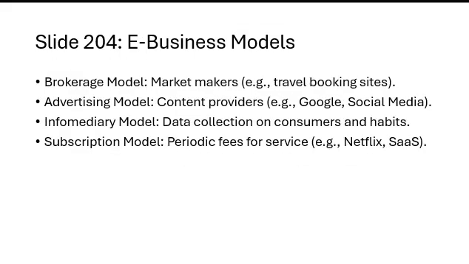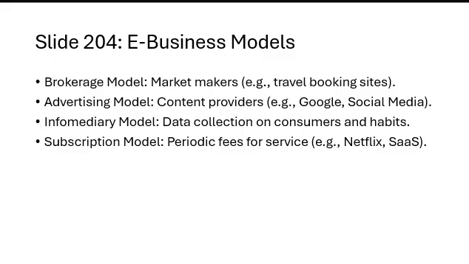And then we have the e-business model. First of all, we have the brokerage model that includes the market maker, like travel booking. The advertising model includes content providers like Google. The intermediary model collects consumer data and habits.